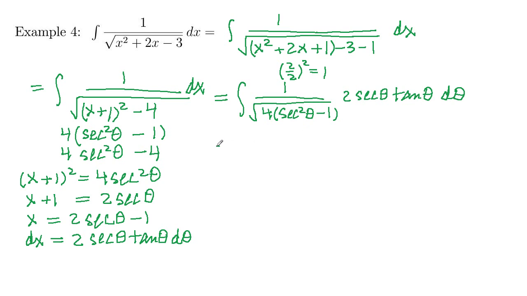And now let's go ahead and simplify as much as we can. So secant squared minus 1 is tangent squared, so this is really 1 over the square root of 4 tangent squared theta times 2 secant theta tan theta.